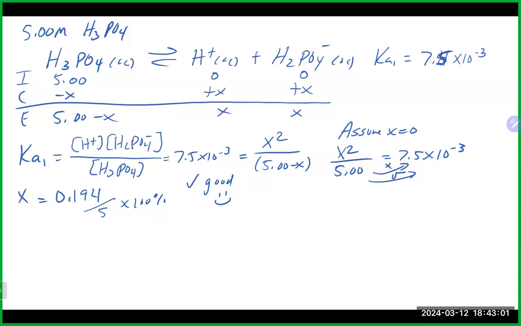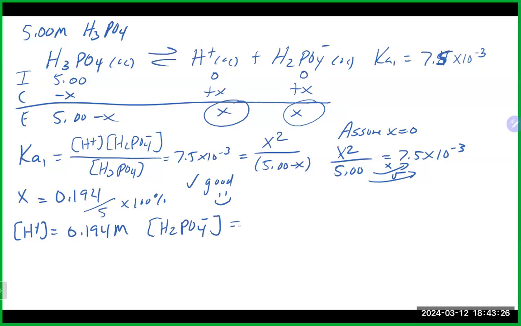All right, so we have the x value, and really at the end of this very first ice table that we did, we have a number of answers we're looking for. The concentration of H plus would be 0.194 molar, as that equals x. We also have the concentration of H2PO4 minus, which also equals x.